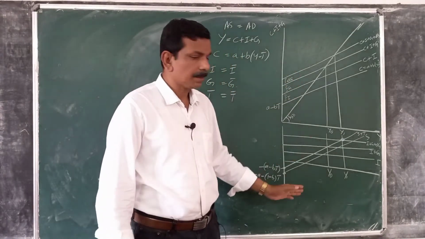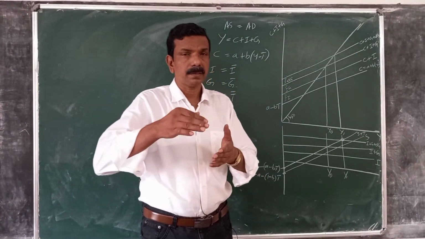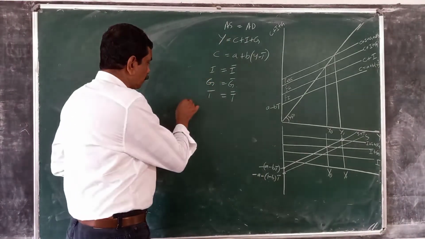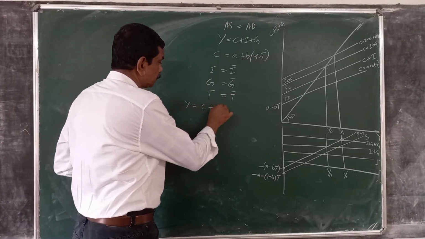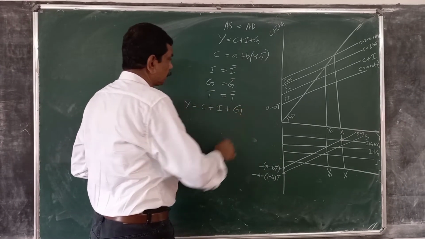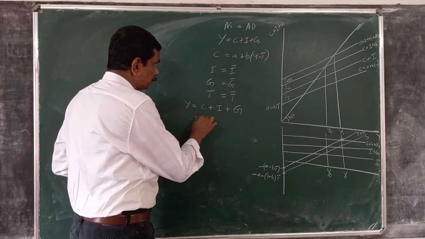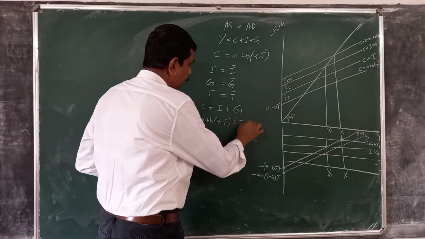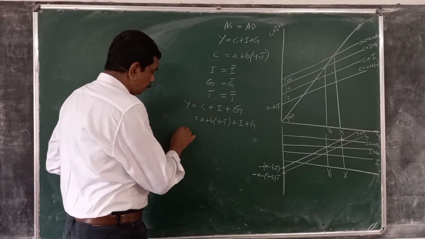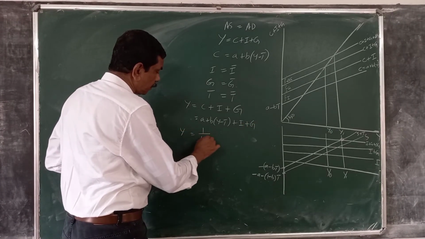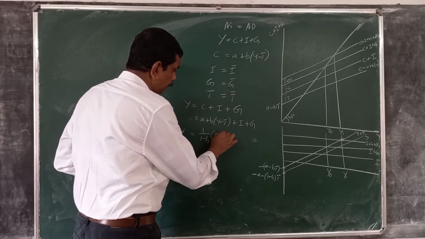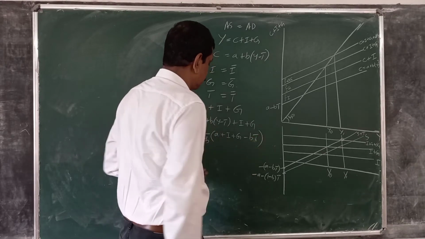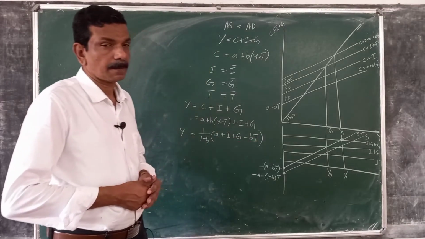Now, given this information, we can calculate the government expenditure multiplier like this. Y is equal to C plus I plus G, and this is equal to A plus B(Y minus T) plus I plus G. Solving, Y is equal to 1 by (1 minus B) into (A plus I plus G minus bT), which we have considered earlier.